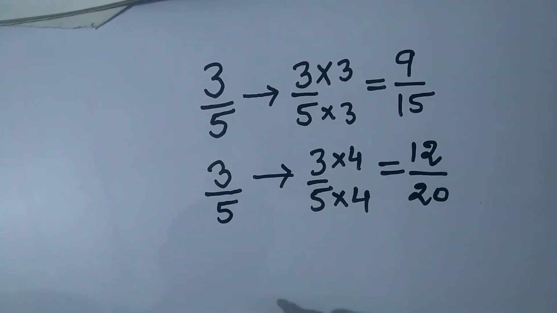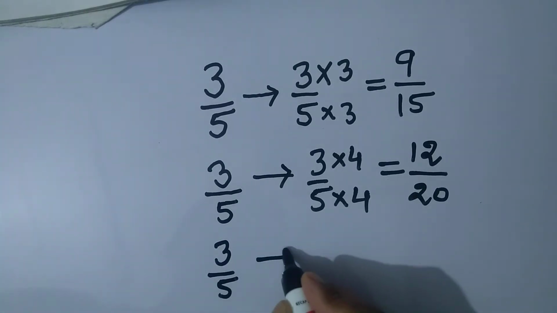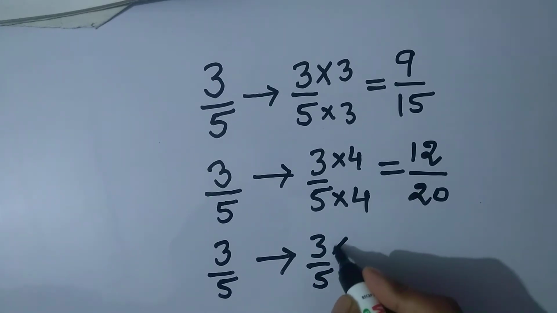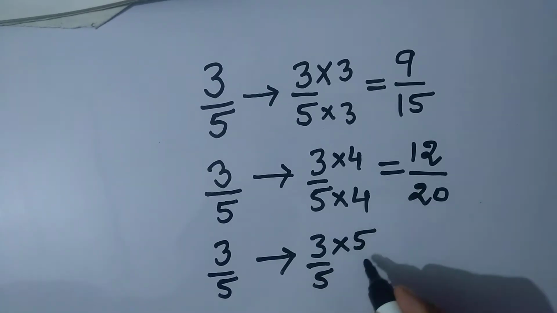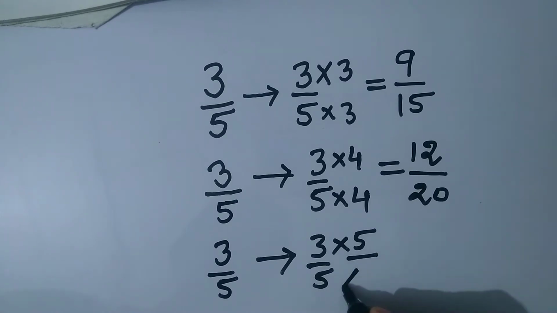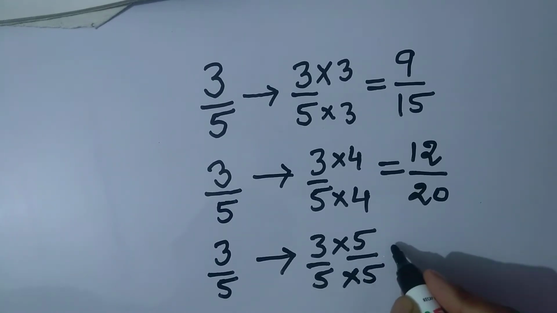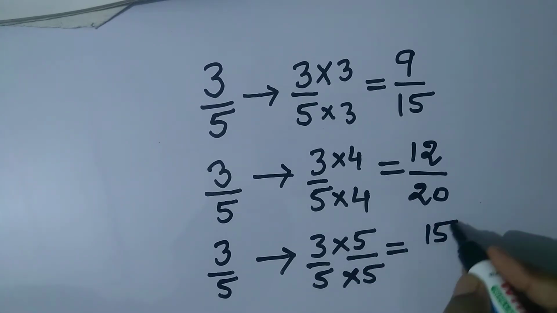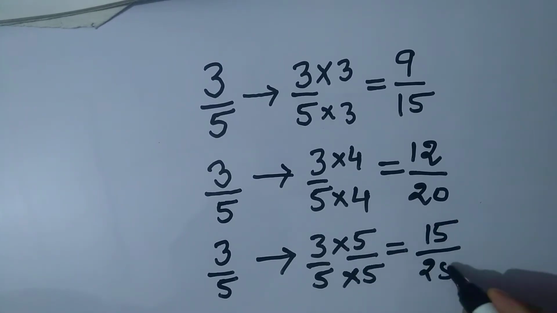Can you give one more example? Yes, equivalent fraction of 3 upon 5, multiply numerator by 5, denominator also multiplied with 5. So answer is 15 upon 25.